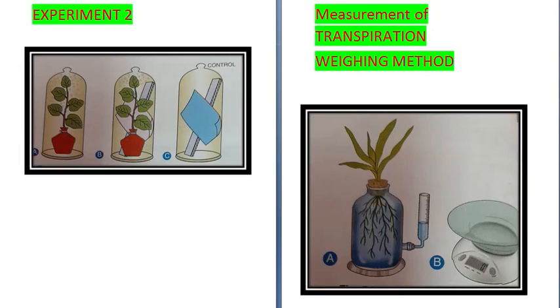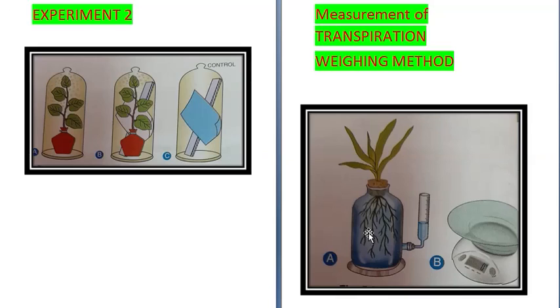Transpiration can be measured. The first method of measuring transpiration is called the weighing method. In the weighing method there are several ways. First, you can take a potted plant, weigh it, keep it in sunlight for some time, and then weigh it again. Whatever is the difference in the weight can be considered as loss of water by transpiration.